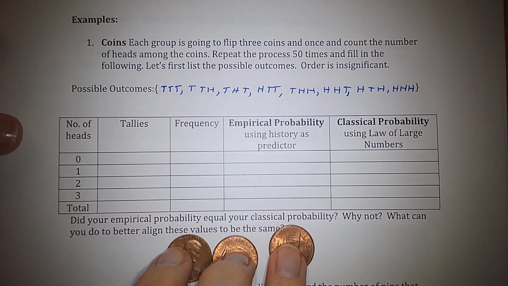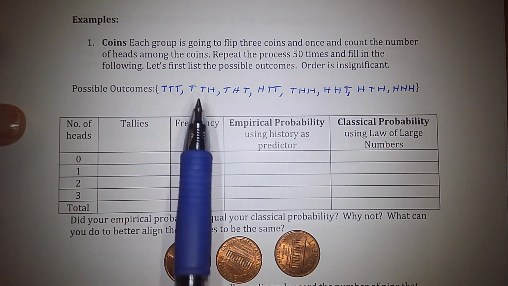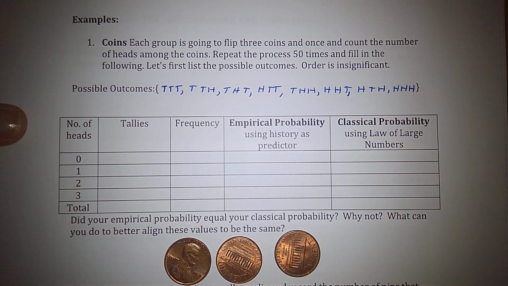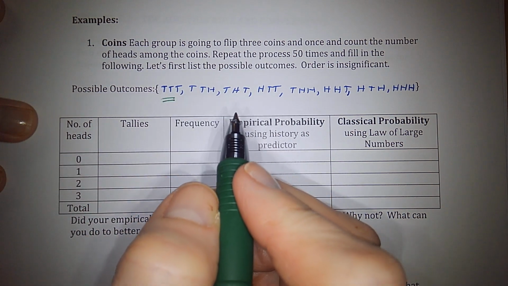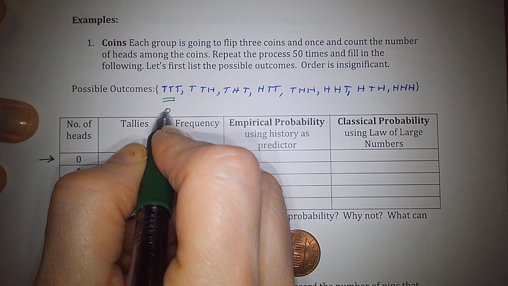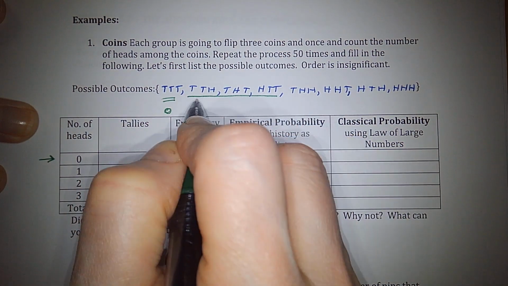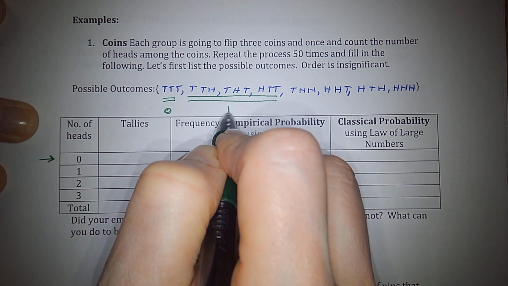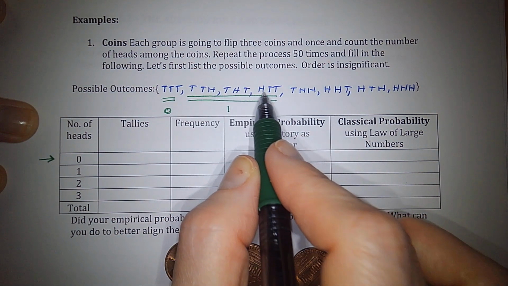Well, as you're going to see in the experiment, you could come up with 3 different options. You can come up with no heads at all. So this first example would be an outcome with 0 possible heads. Or you could come up with 1 heads, which would be these 3 options here, which has 1 heads total, and it could be in the last spot, the middle, or the first spot.